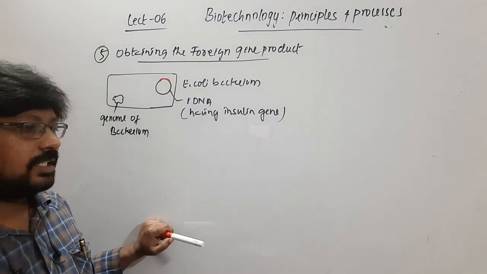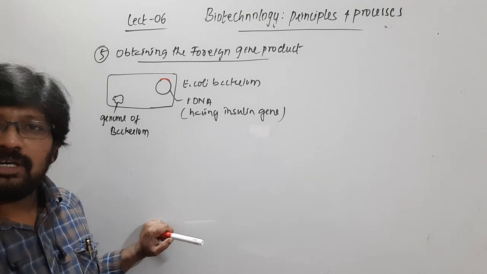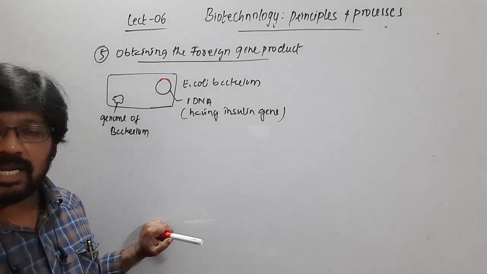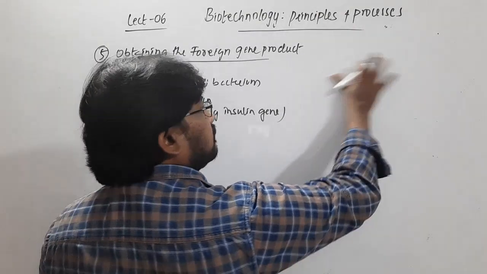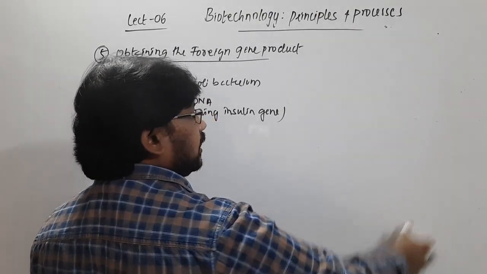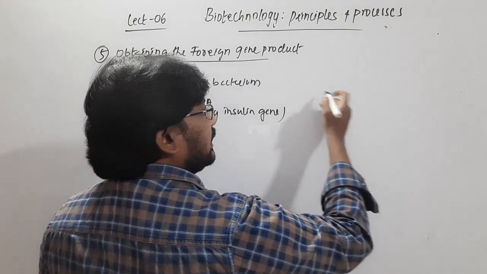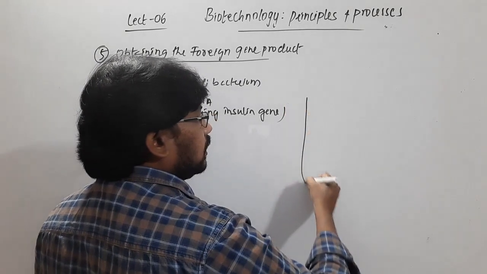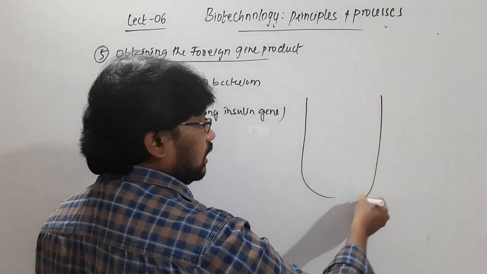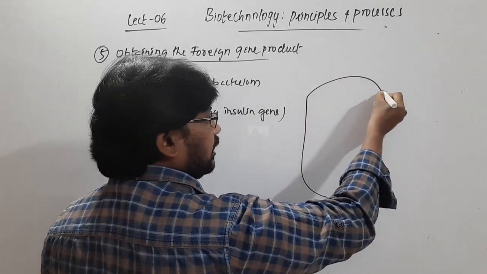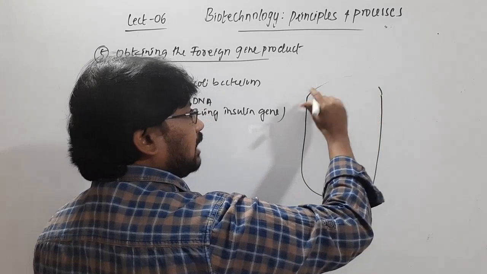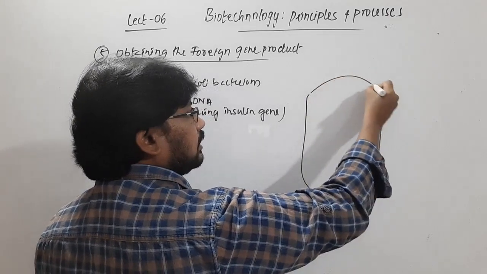These bioreactors are usually made up of non-corrosive materials like stainless steel. I'll draw later about the structures or types of bioreactors, we'll see it.